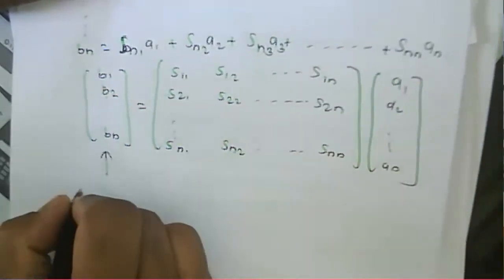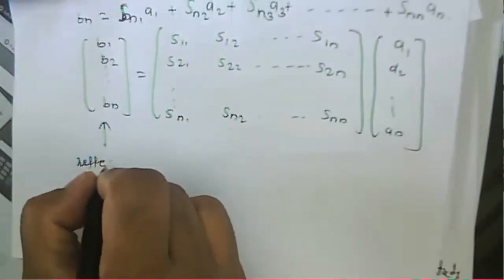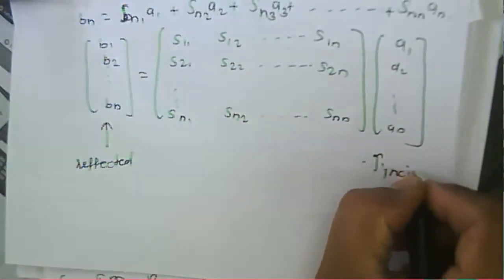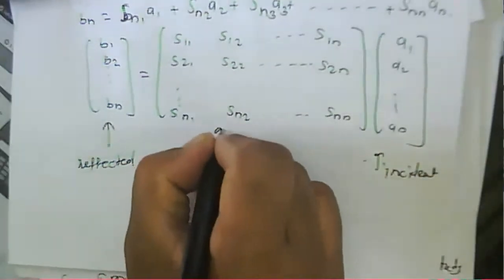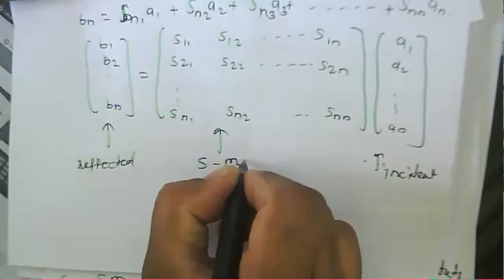This B vector is the reflected wave, this A vector is the incident wave, and this matrix becomes the scattering matrix, or S matrix.